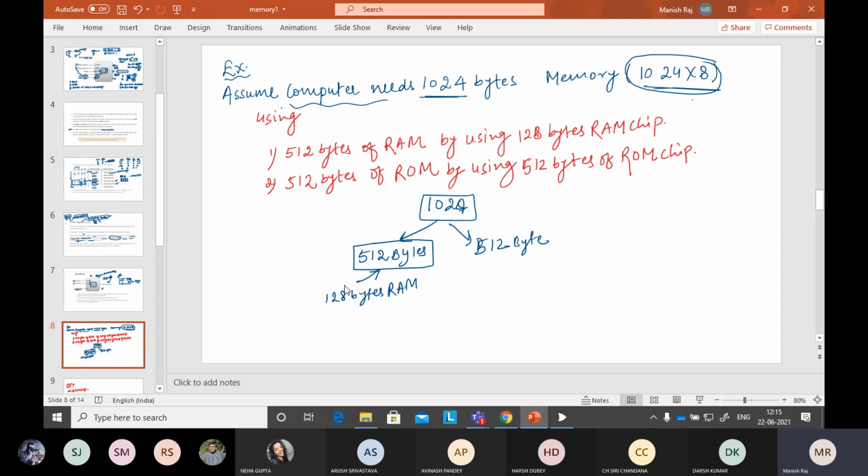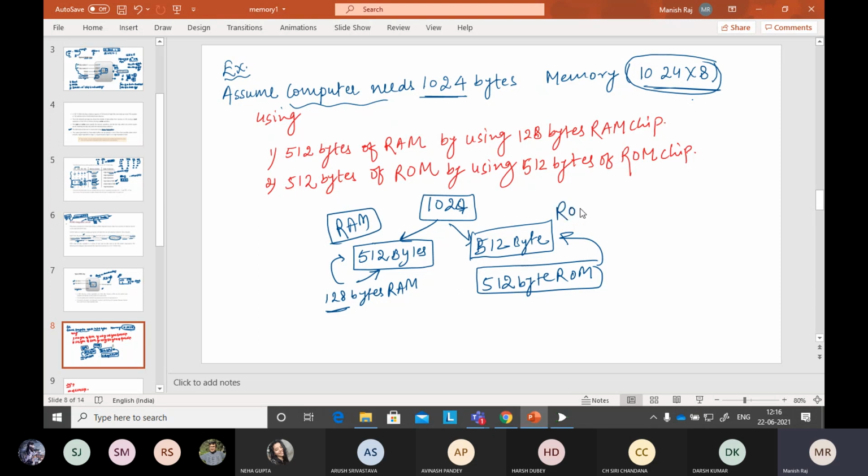For half of the memory you can use the 128 RAM, and you can use the 512 bytes ROM for making this memory. So here you can use only the RAM for this part, and for this part you can use the ROM. By using both of the memory chips, you make the 1024 bytes of memory.